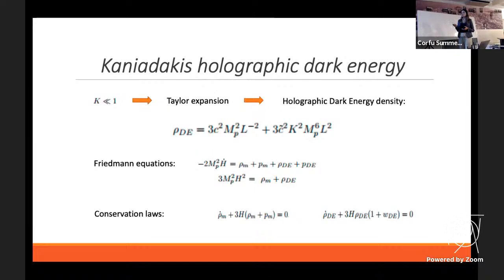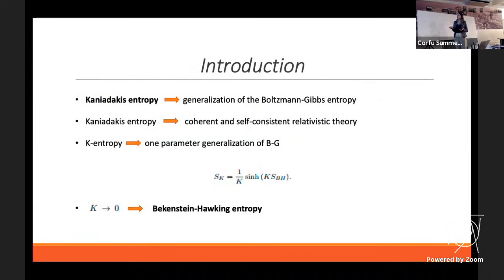We suppose this is the density of dark energy. We use the Taylor expansion for our Kaniadakis entropy. To do that, we take K to be very small, smaller than 1. It is something very important, and we cannot avoid it because Kaniadakis entropy itself must be close to Bekenstein-Hawking entropy.